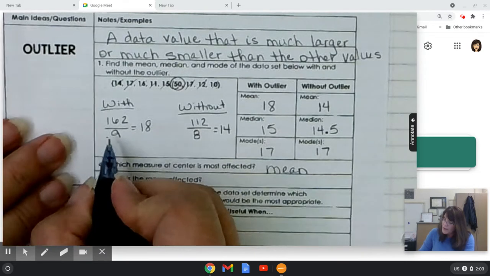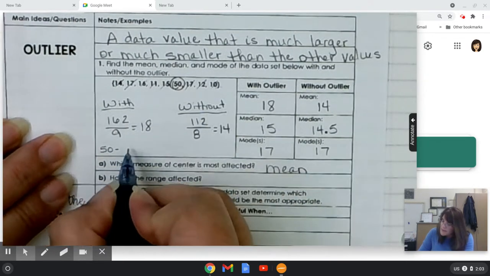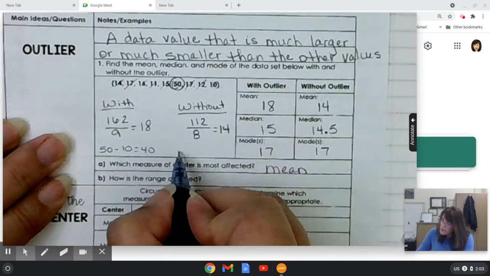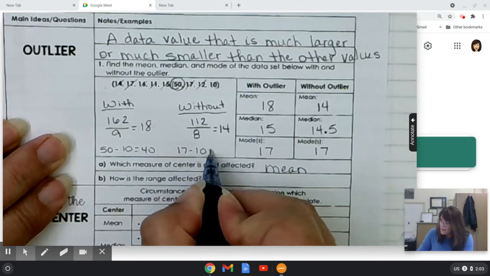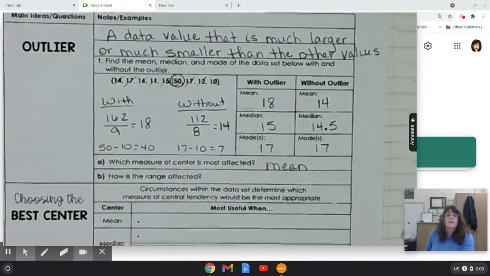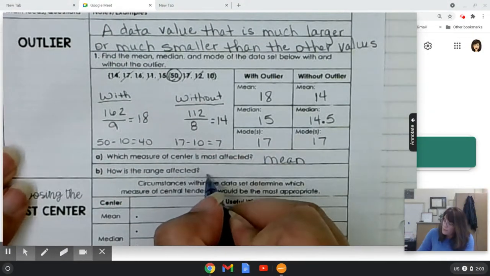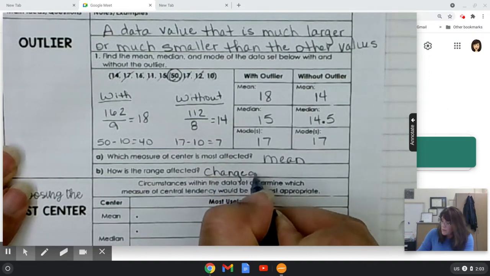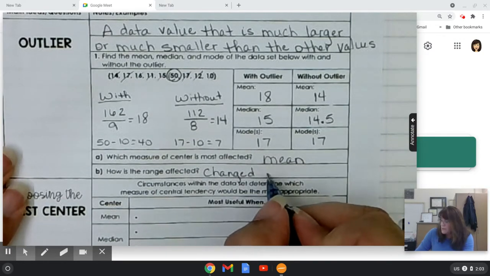Well, the range went from 50 minus 10 to 17 minus 10. Okay. So the range changed by 33 numbers.